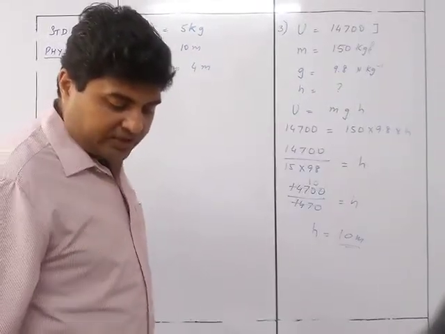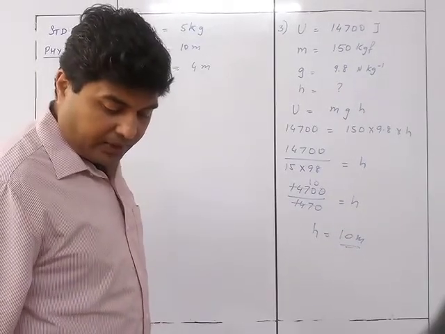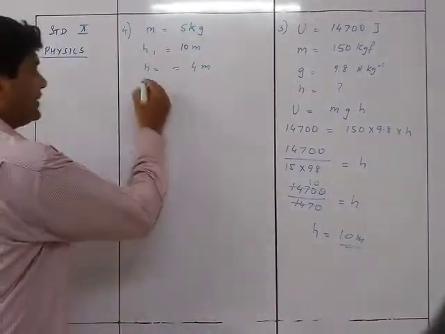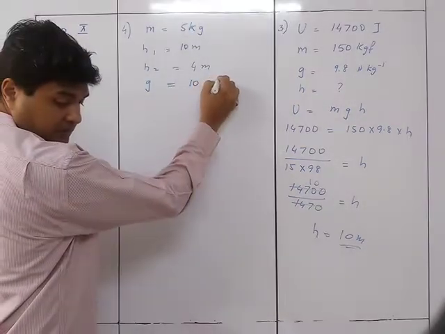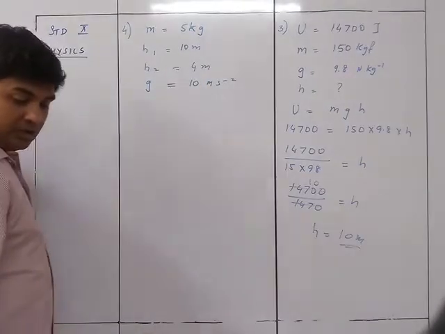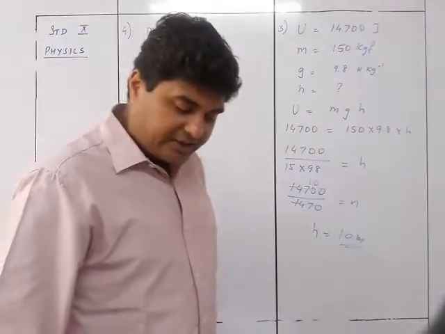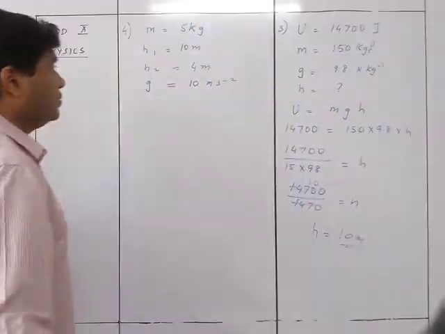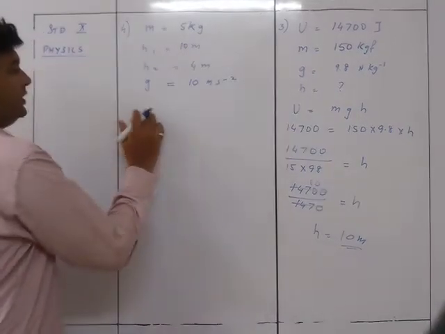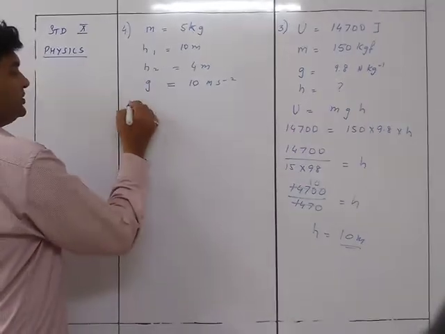Calculate the loss of the potential energy of the body and the total energy of the body. So you can see g is equal to 10 meter per second square. First is the loss in potential energy of the body, and then the total energy possessed by the body at any instant.